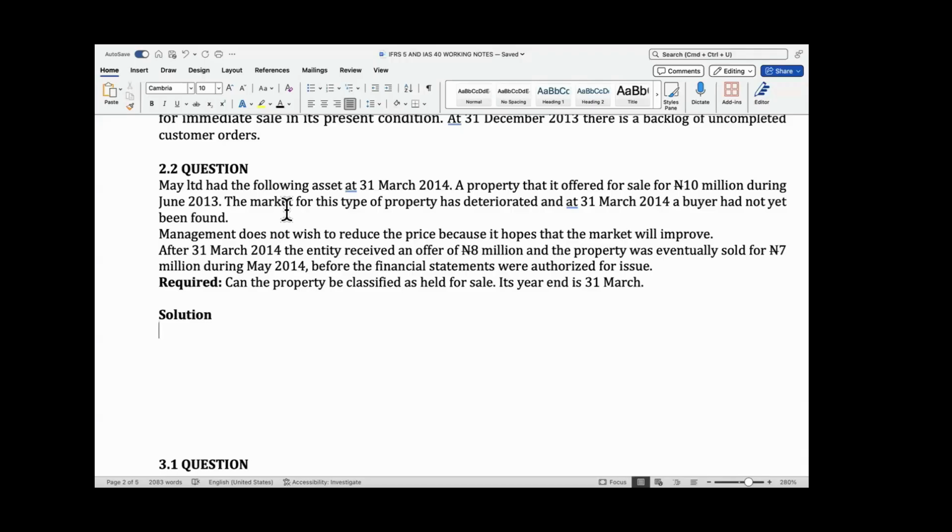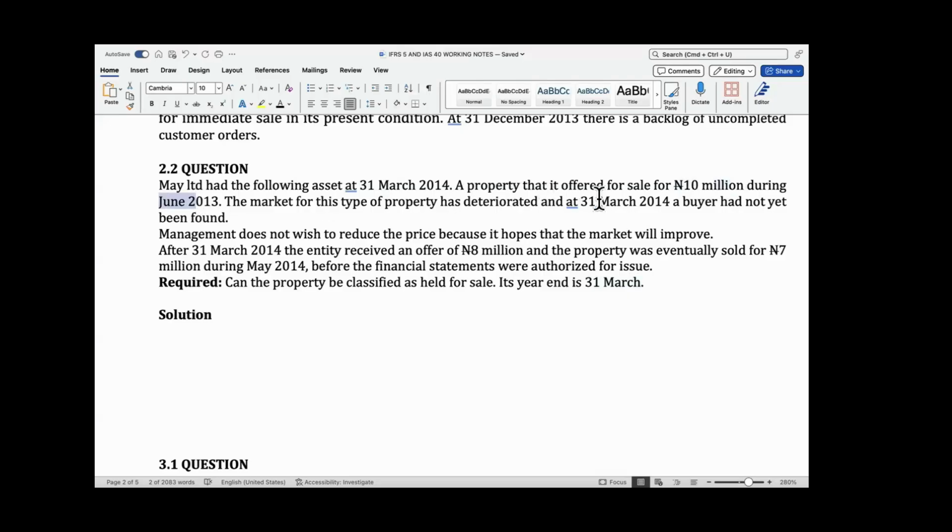Thank you very much, Femi. So can we classify it as held for sale as at March? So in March we had the following assets. We had a property whose selling price is 10 million, which we want to sell during June 2013.